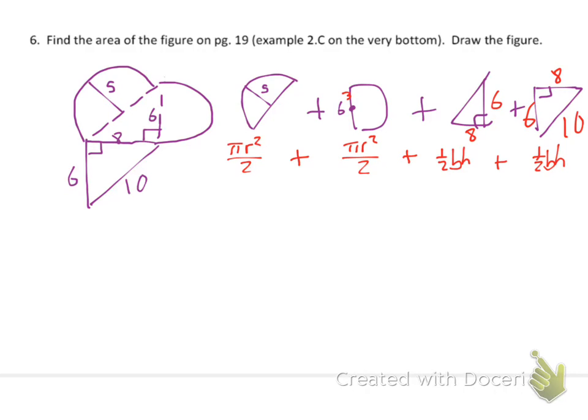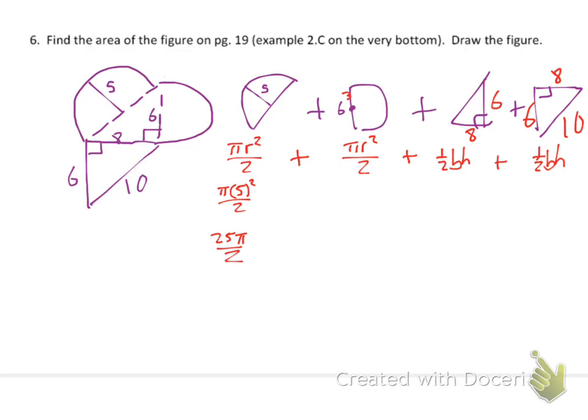Okay. R in the first one is 5, over 2. That'd be 25 pi over 2. Now, someone asked last time, can that be 12.5 pi? Because 25 divided by 2 is 12.5, yeah? I guess. That's fine. But here's the thing. That means you got decimals times pi.